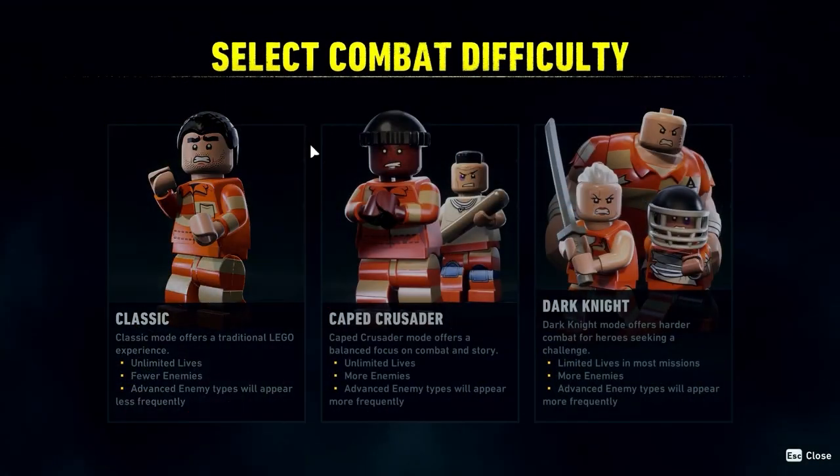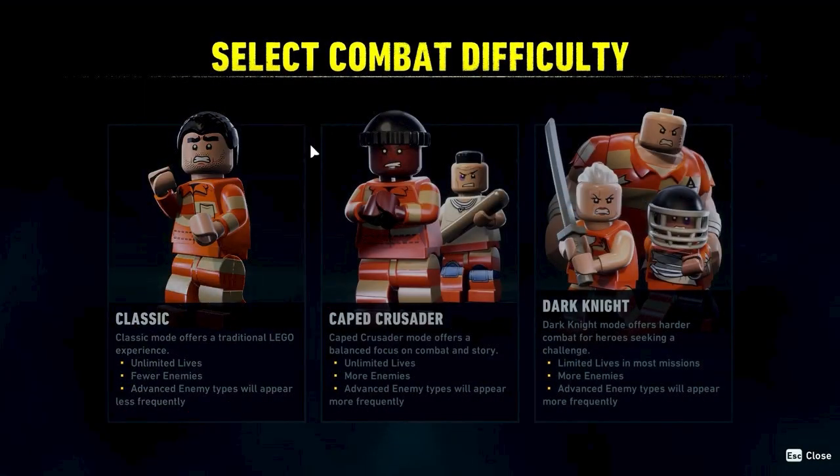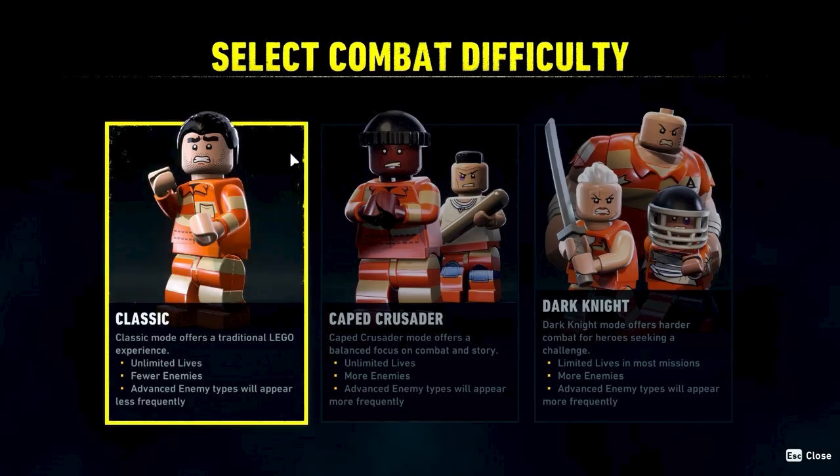This right here is where we choose how difficult we want the enemies or the game to be. The options they're giving us are Classic, Caped Crusader, and Dark Knight. First up is Classic, as in, yeah, classic. One second, it says here: Classic mode offers a traditional LEGO experience.